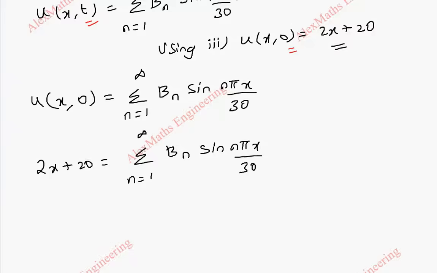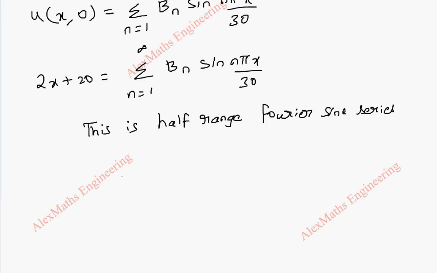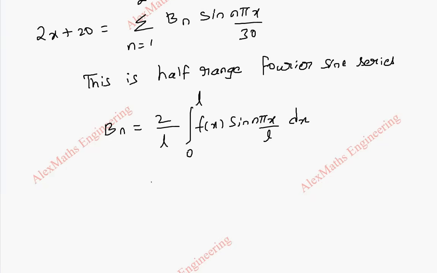Now this is the half range Fourier sine series, and we can find the bn using the formula 2 by L integral 0 to L f of x sin n pi x by L dx, and f of x is 2x plus 20.